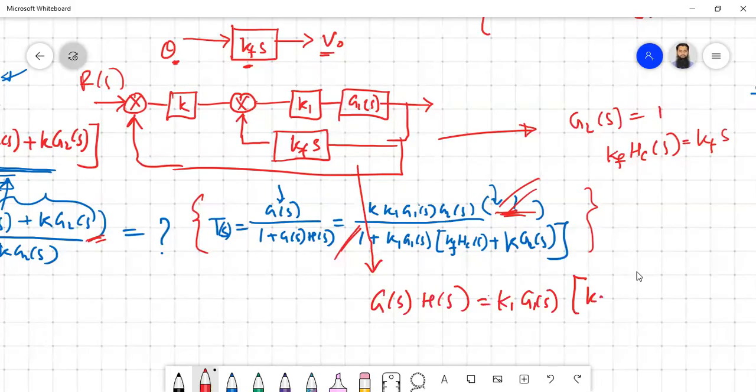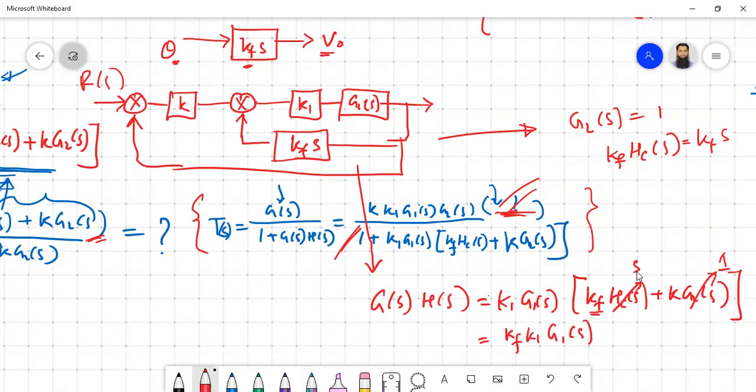Then you have KfHc(s) plus KG2(s). G2(s) is 1, so this is going to become 1. Now here you can take common, and this one is becoming s. If you take common Kf, what is left is Kf, K1G1(s), then you have s plus K by Kf.